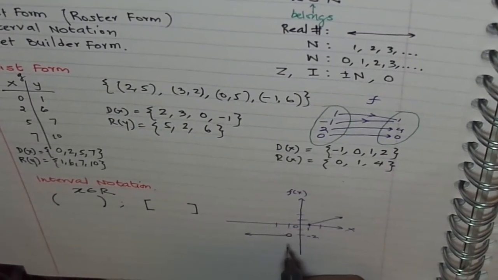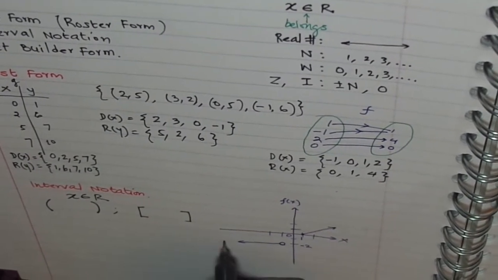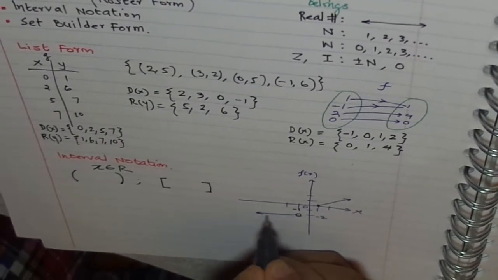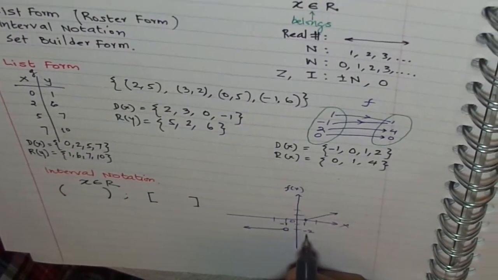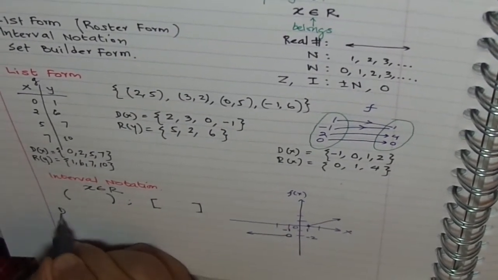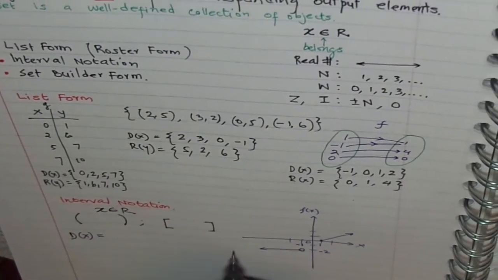In this particular function, you can see that this function extends to the left from minus 1, correct? Minus 1, it goes left. How about the y values of the function? It is always minus 2. Let's consider the domain first. We'll write domain here is equal to, it goes up to infinity.